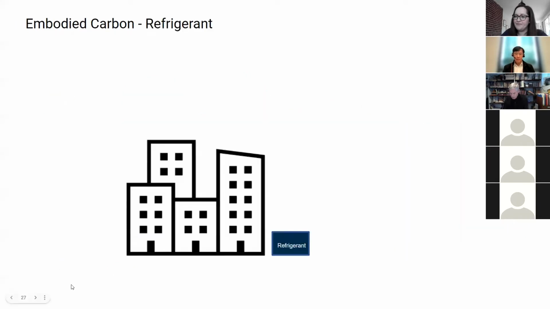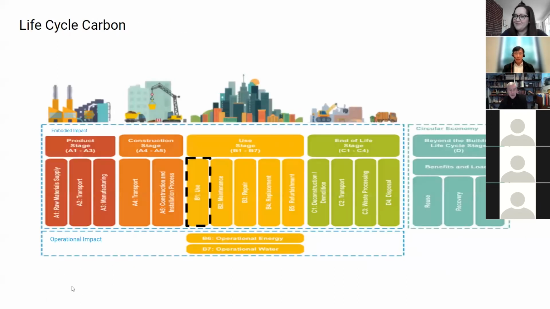So the important thing to note is refrigerant leakage in this standard belongs to B1, the in-use portion. That's where they categorize the silo of leakage.